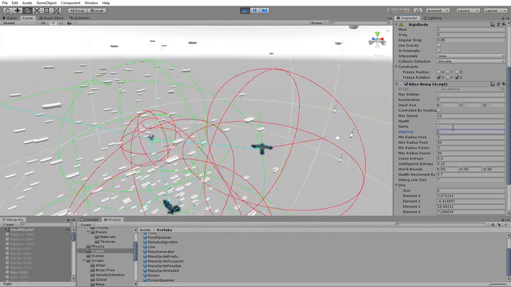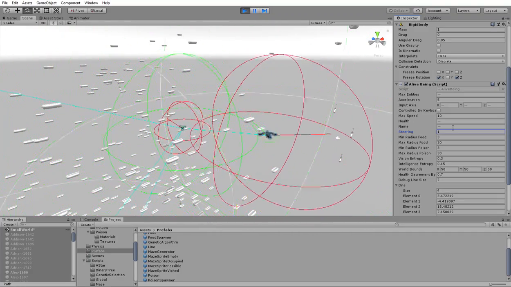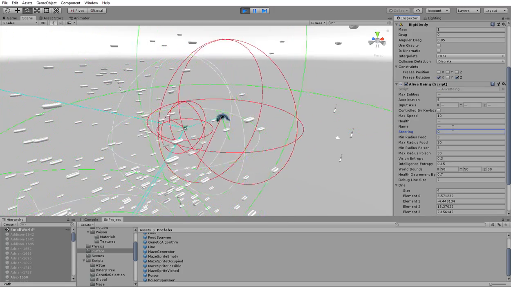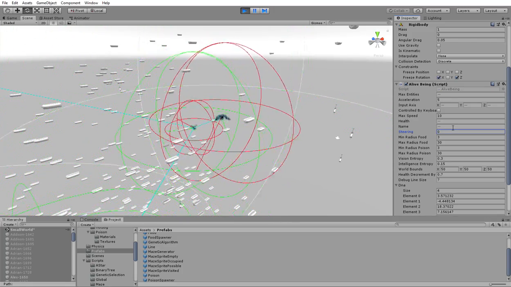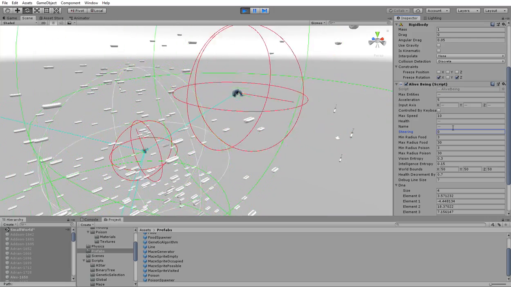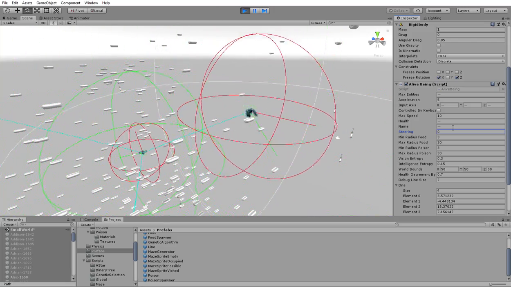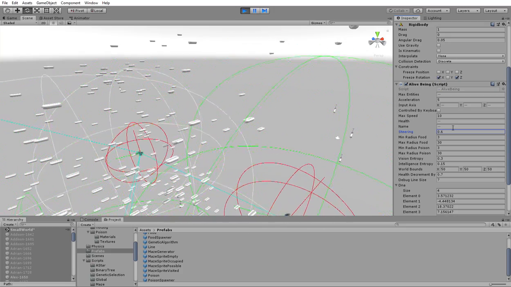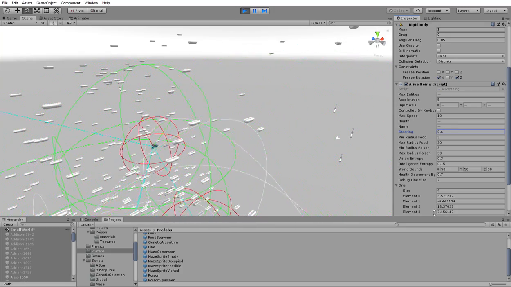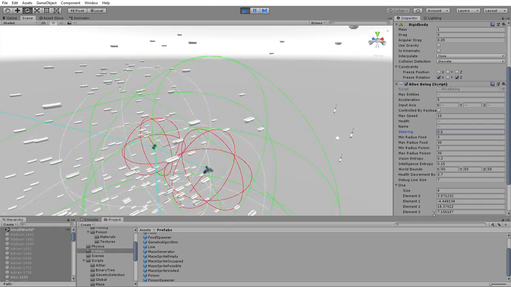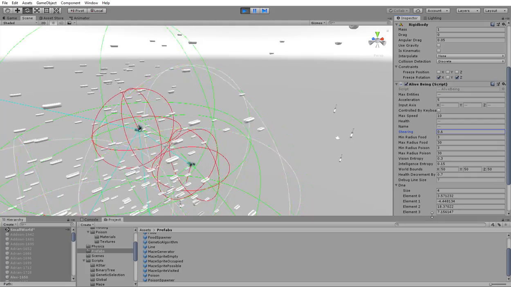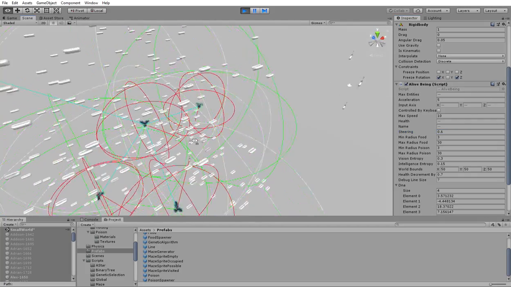Now the largest j, if we look at the algorithm, is the largest j such that... my code is wrong. Look at this. This should be largest i is less than j. If we look at that algorithm again, that makes total sense, that I'm looking for the element of the array furthest along that's actually greater than the one that I just found. So that should fix things up here.